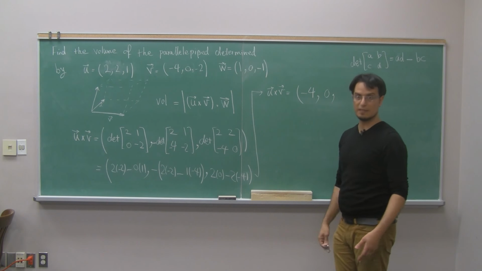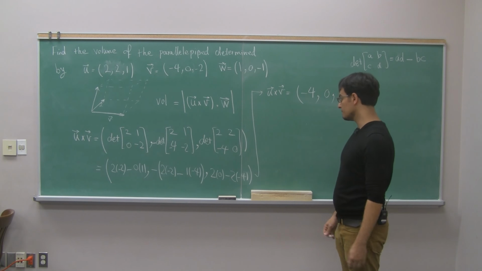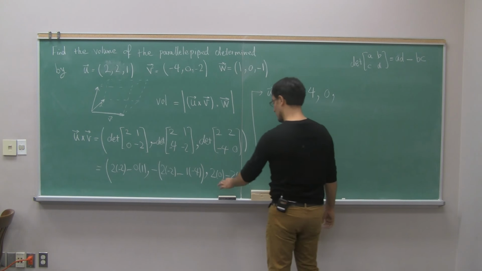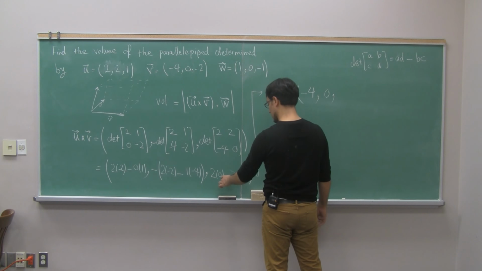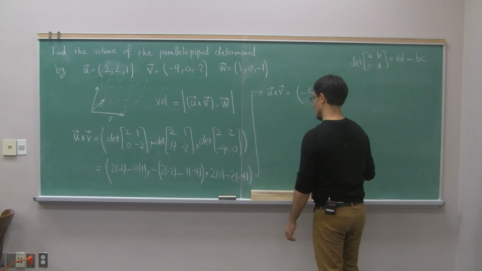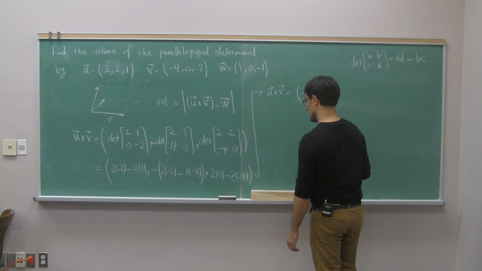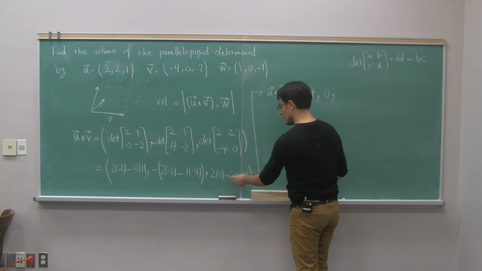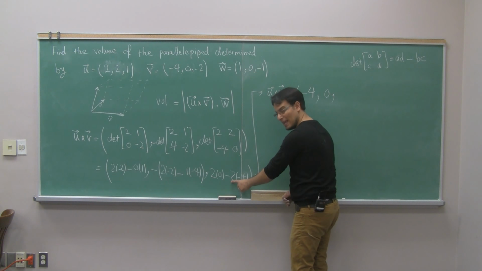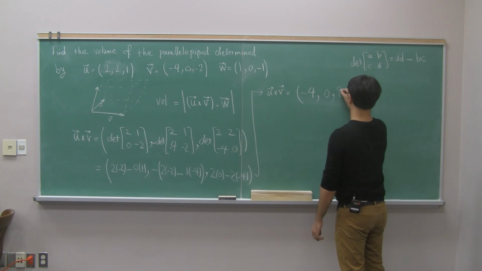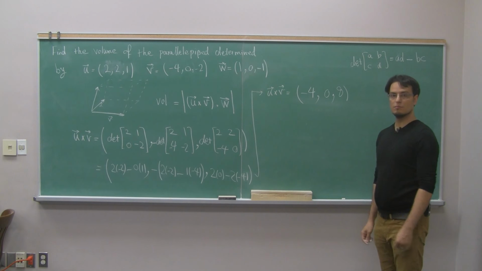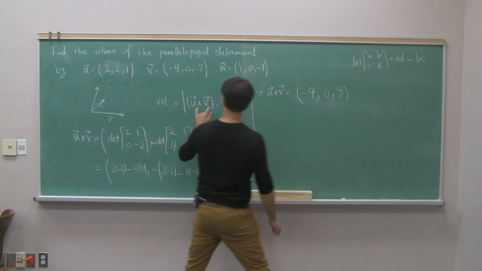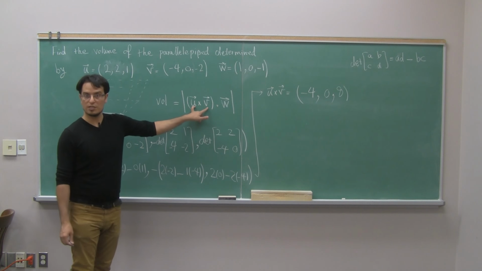You multiply by the negative sign, it is 0 again. And the third one is 2 times 0, which is 0, minus negative 8, which is 8. So far, I have found U cross V.